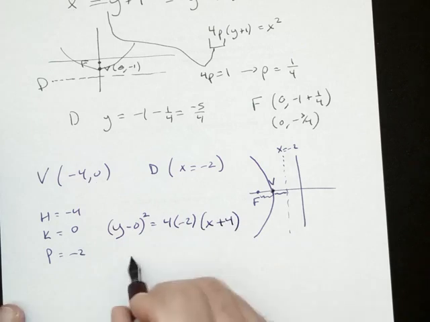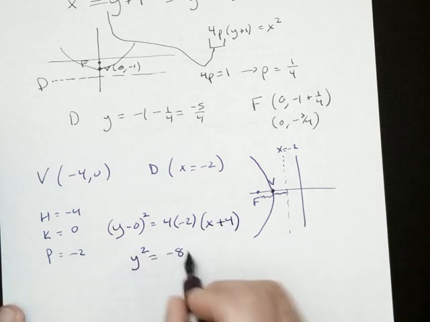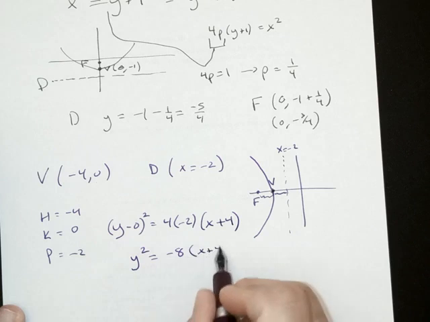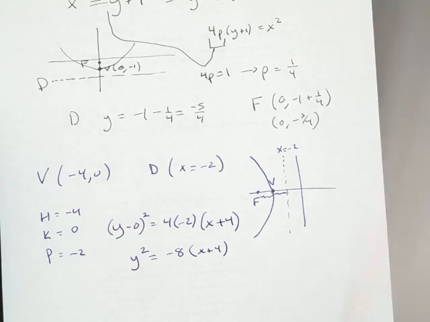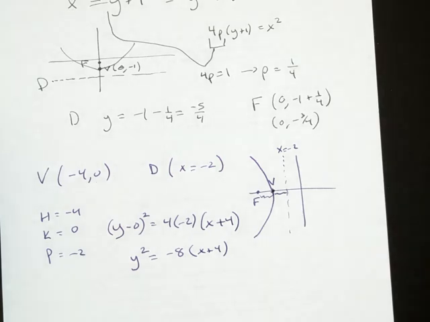So now I know the equation for this. Y squared equals minus 8 times the quantity x plus 4. Better, Jack?